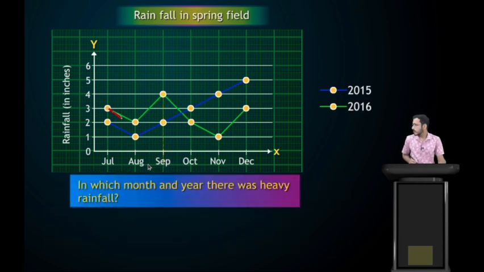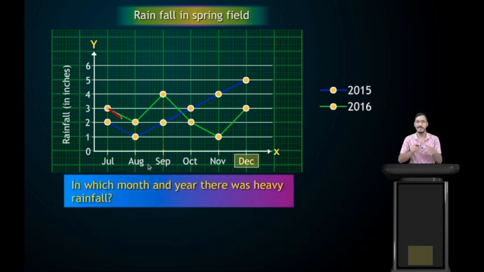Now can you tell me in which month and year there was the maximum heavy rainfall? You can see the picture and data here, tell me the answer. Yes, correct.